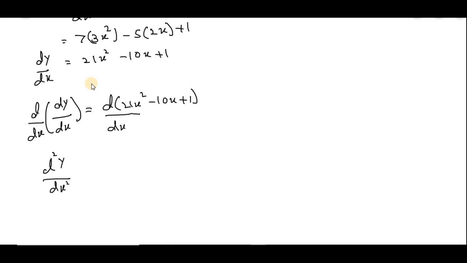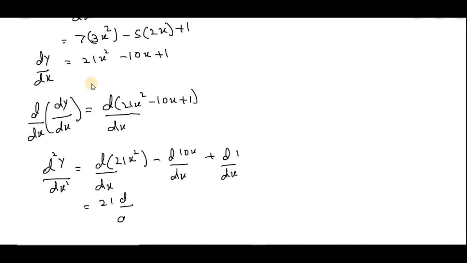So now this becomes d2y by dx square is equal to d by dx of 21x square minus d by dx of 10x plus d by dx of 1.